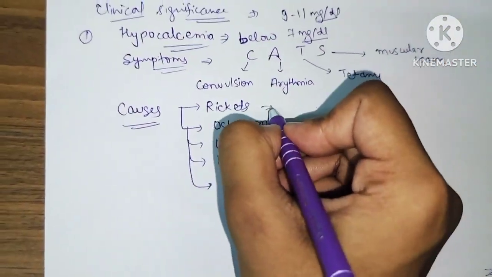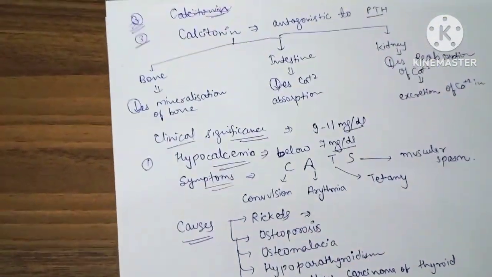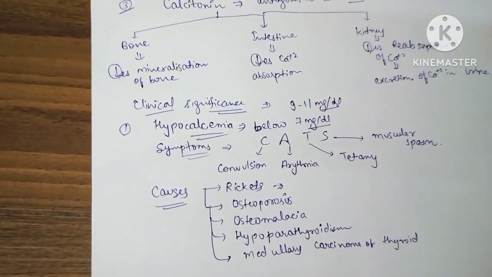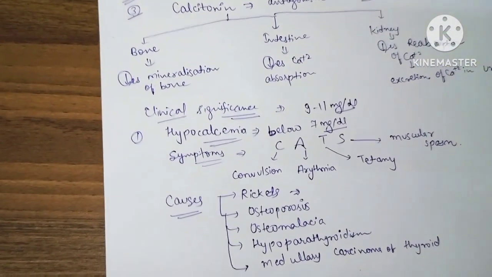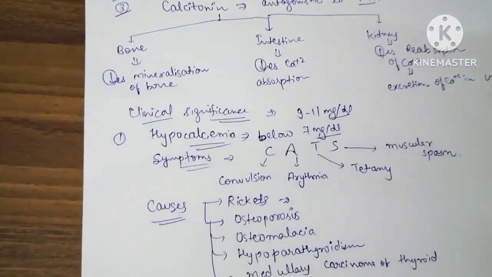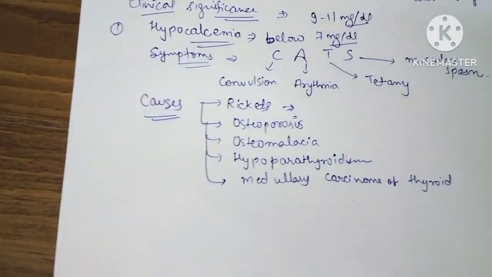What is rickets? Rickets is a defective mineralization of bones. It can be either due to low levels of vitamin D or due to dietary deficiency of both calcium and phosphorus. An increase in the activity of alkaline phosphatase is the characteristic feature of rickets.